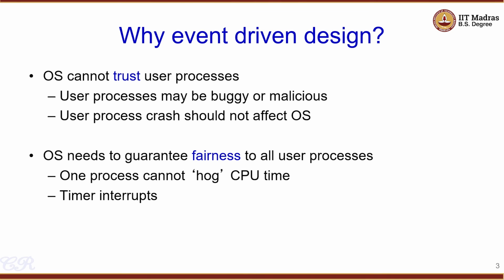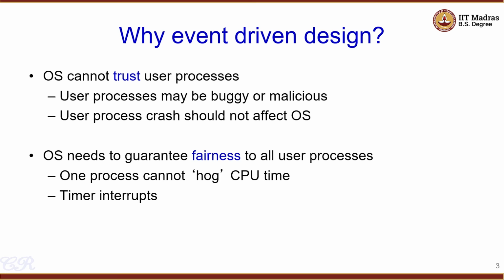The reason why we design the operating system in this way, where it is event driven, is the fact that the OS is considered the privileged software. It manages the entire software stack.